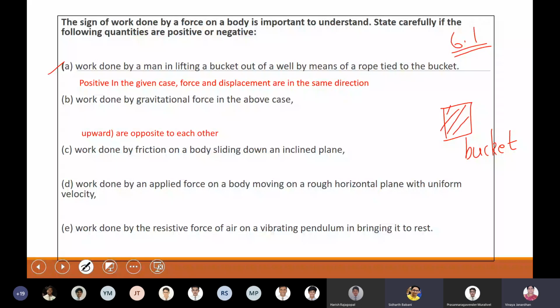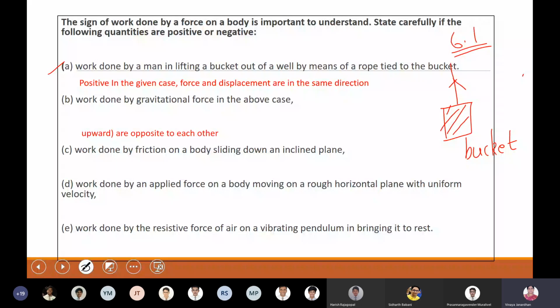Ma'am, I have a question. Okay, fine. Ma'am, if it were a pulley, then it would be negative, right? In case you go this way, you are here, this is the force. If you are taking the other side, then it will be negative. So we'll not take that side of it. What we'll do is that you have a bucket. Look at this, boys. The bucket is moving upward. That is how you pull water from a well using your bucket.